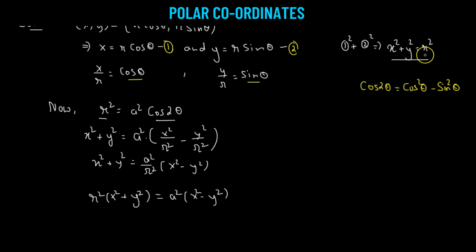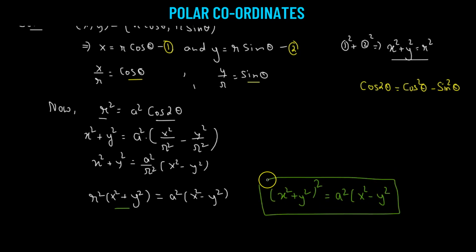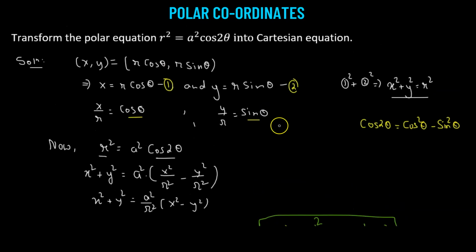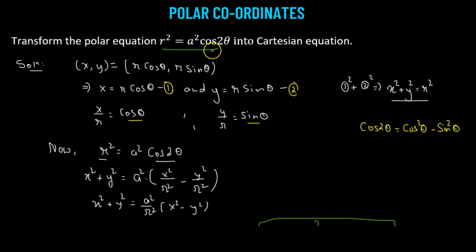Let's substitute the value of r squared with x squared plus y squared, and finally we get the relation x squared plus y squared, which is also multiplied by x squared plus y squared, so we get x squared plus y squared whole squared equals a squared times x squared minus y squared. This is going to be the Cartesian equivalent of our given polar equation r squared equals a squared times cosine 2 theta.